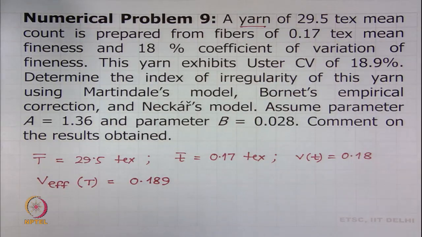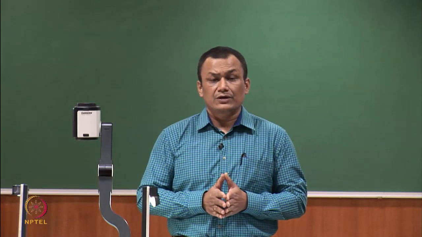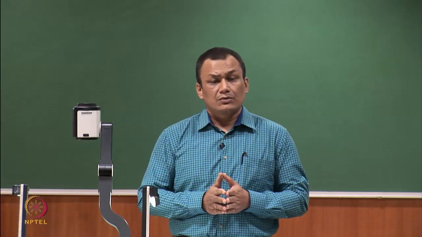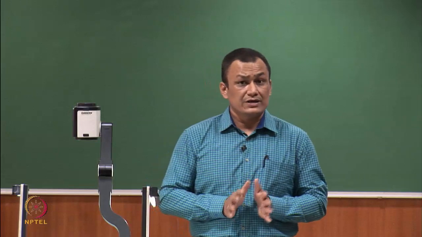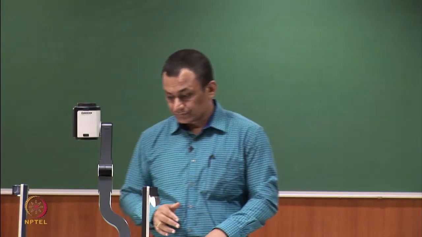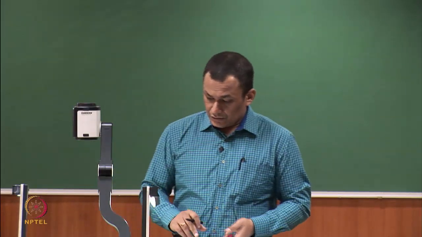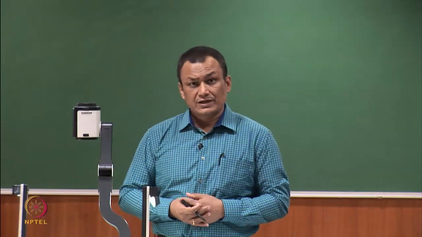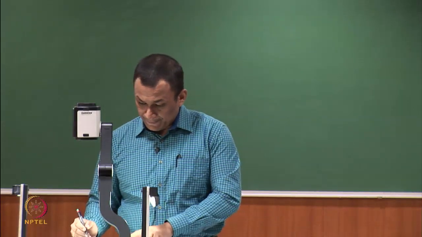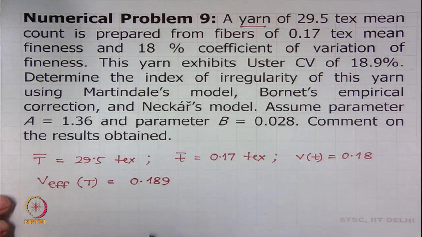As I told you earlier, all the expressions what we found for sliver, they are also valid for yarn. So, in practice, Martindale's formula, Bornet's formula, bundle theory formula are applied in case of yarns also. So, we will use those formulas for yarn as well. Okay.